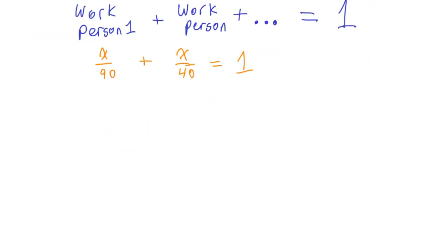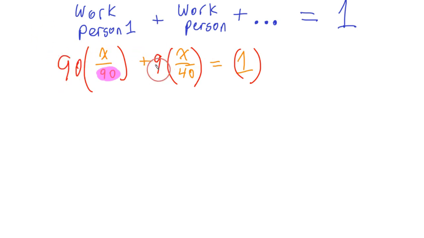Well, a strategy to get rid of fractions, if you don't like dealing with fractions, is to just pick one of the fractions to get rid of. And I'm going to focus on getting rid of the 90 right here. So I'm going to aim to get rid of this 90 by saying if I take that 90 and multiply every single term of this equation by 90, then that's going to ultimately get rid of that one fraction.